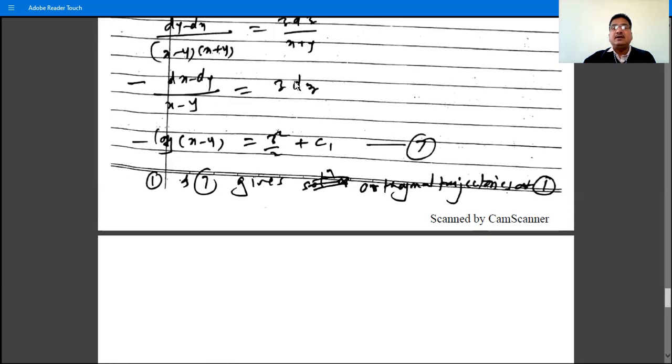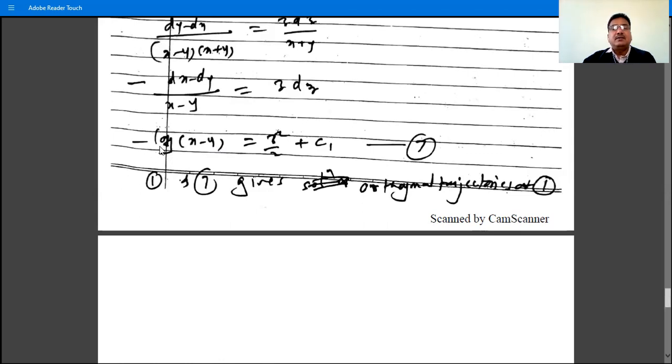Similarly here is 1 by z, so its integration is log z plus the constant log c1, and then minus log x minus y minus log z, take the minus sign as common, so log x minus y plus log z is log x minus y into z.